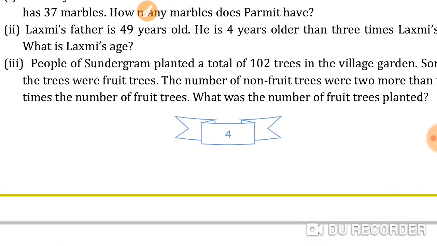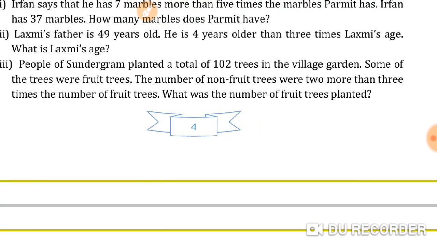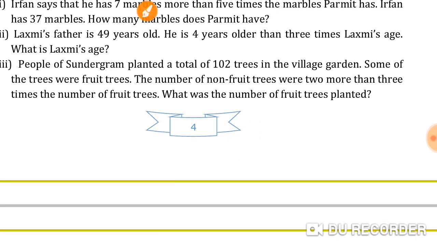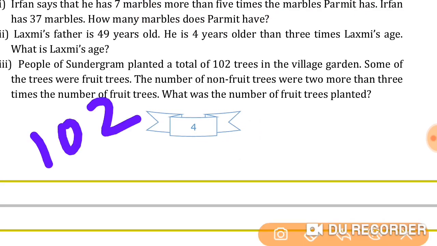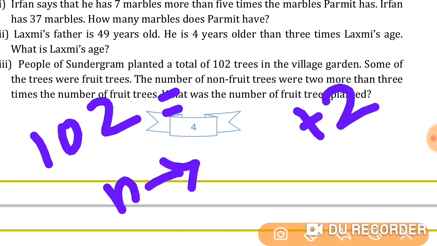Third one, people of Sundargram planted a total of 102 trees in the village garden. Some of the trees were fruit trees. The number of non-fruit trees was 2 more than 3 times the fruit trees.